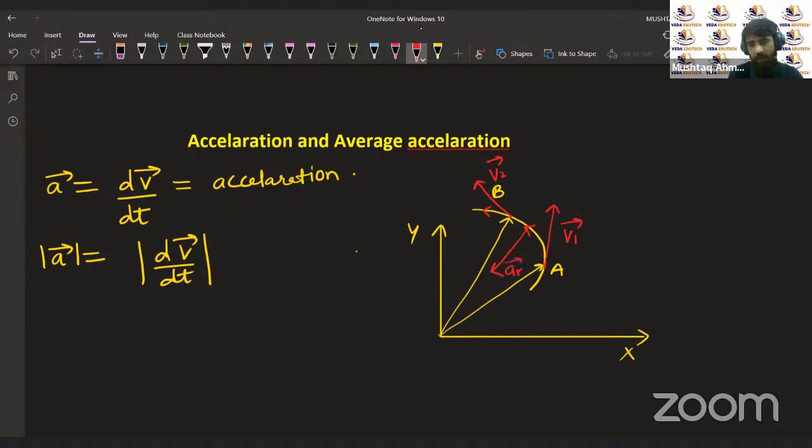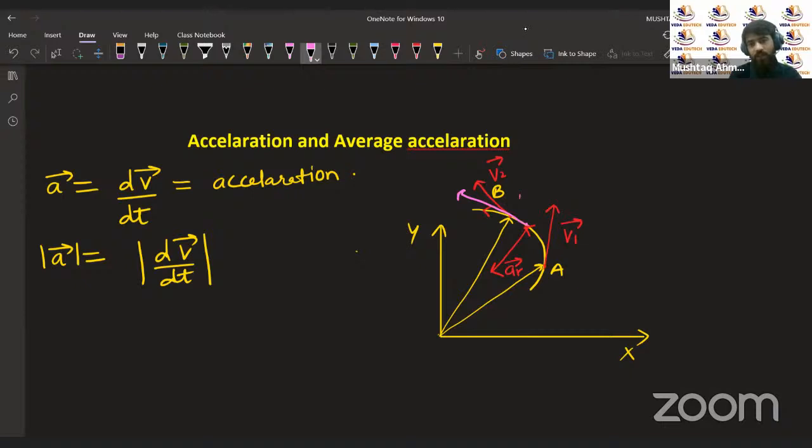I call it the radial component, right? And there must be another component of acceleration which will be changing the speed of this particle along that tangent, because the velocity of that particle along a path is given by the tangent, right? So this component will be changing the velocity of this particle tangentially, right?